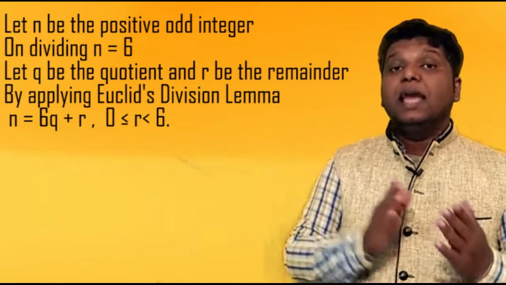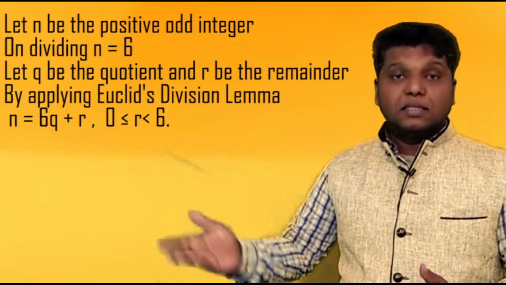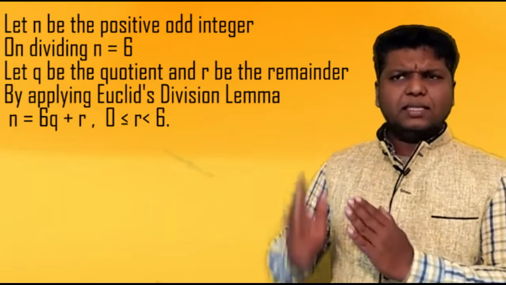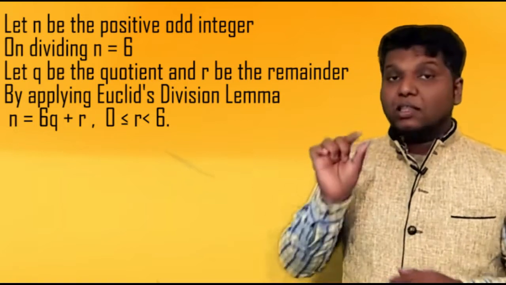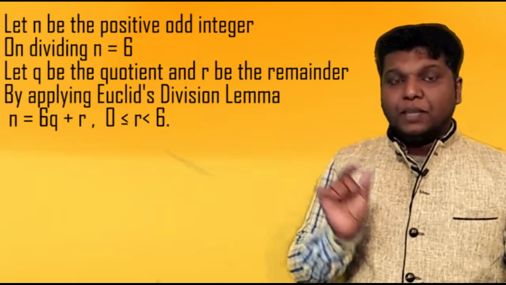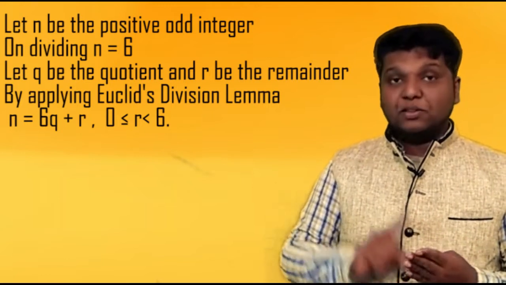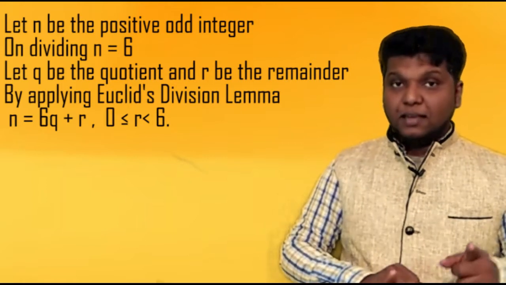What was that equation? n is equal to 6q plus r, where 0 less than or equal to r less than 6. What does it really mean? That means the value of r can be 0, 1, 2, 3, 4, 5, 6. Is it?